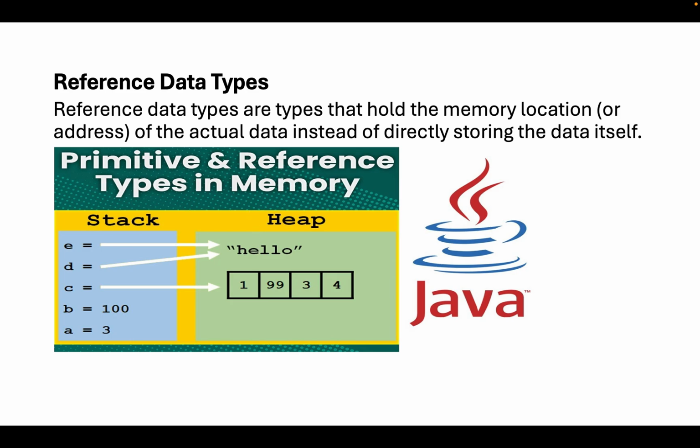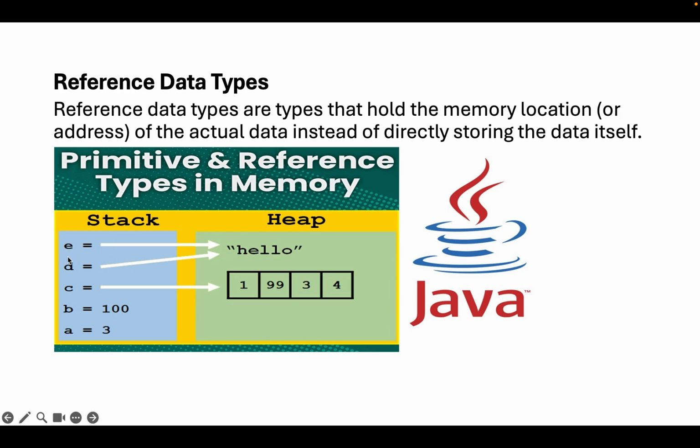Now, when we talk about strings, a string is what we call immutable. In reference data types, immutable means that it can't change.